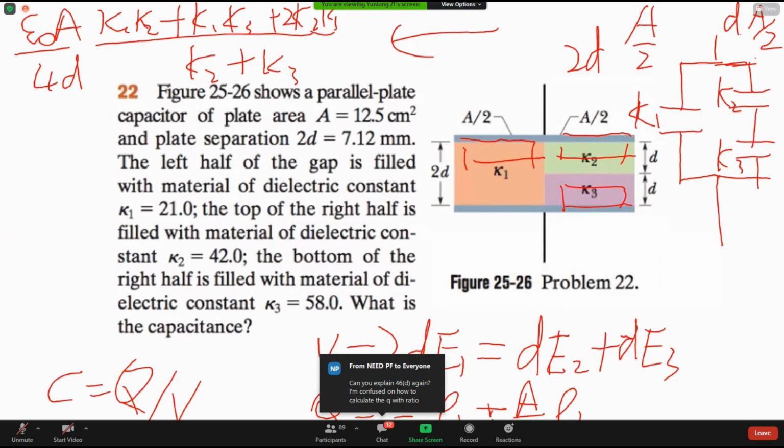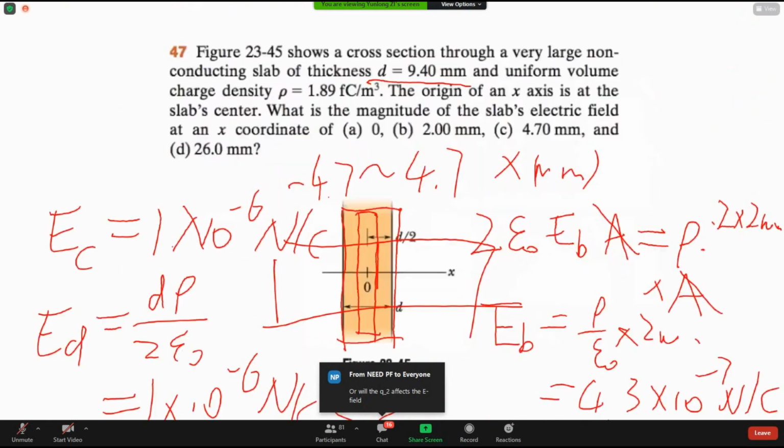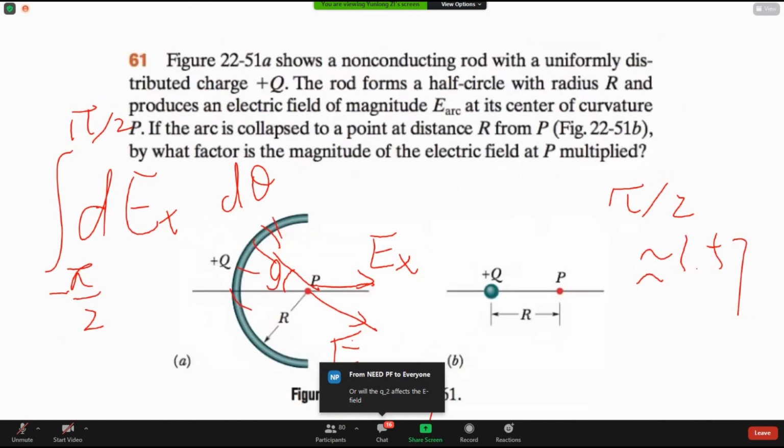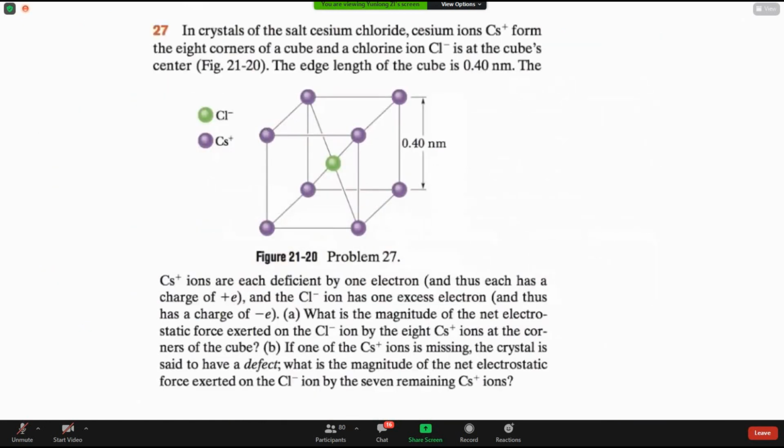Can you explain 46D again? I'm confused about how to calculate the Q with the ratio. Which problem is 46?